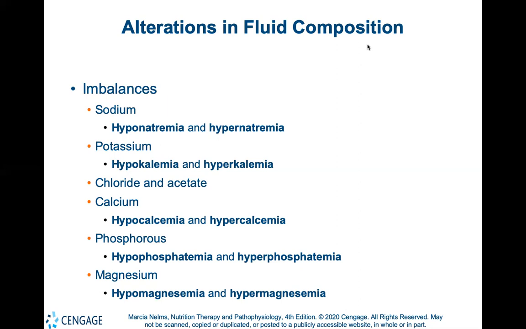Normal serum levels of sodium are 135 to 145 milliequivalents per liter. Please remember that levels per hospital might change, so always refer back to what the lab levels are, but our normal serum level for sodium would be 135 to 145 milliequivalents per liter.